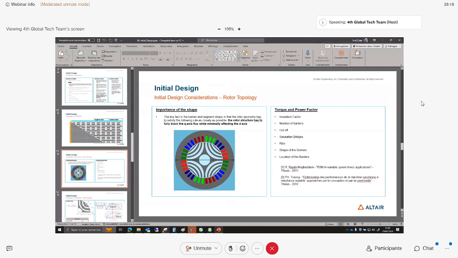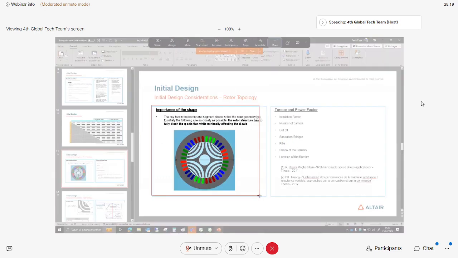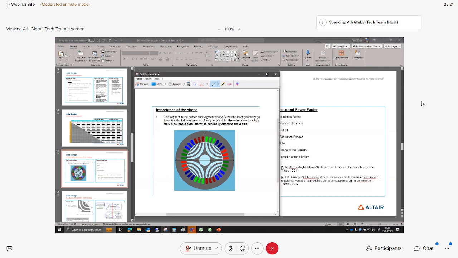We need to make life easier for the magnetic field going like this, and life hard for the magnetic flux lines going like this. So we need to create this reluctance, and to not saturate the barriers, and we need them to be mechanically okay. A lot of things to consider.